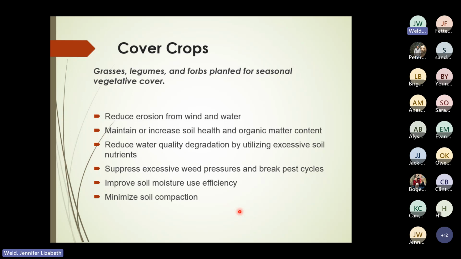This can definitely increase and address soil health concerns as it increases the amount of organic matter. You can break pest cycles as well as weed pressures. And this also helps to minimize soil compaction. Oftentimes, because there's more root activity throughout the year, the roots can grow down through the soil compaction.